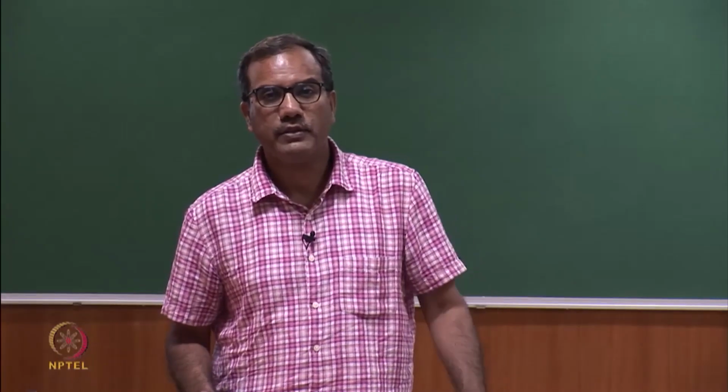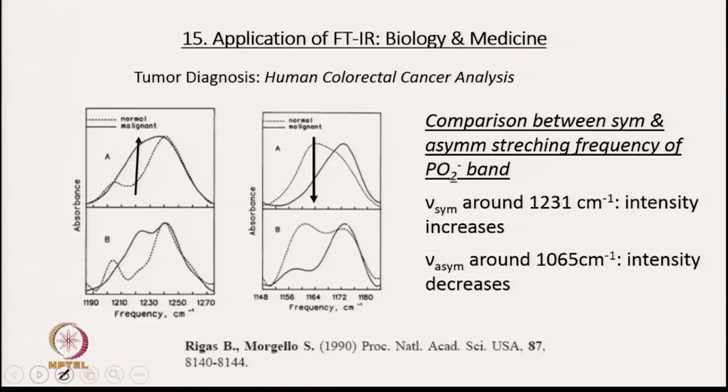FTIR is quite often used in biology and medicine. So, here is an example of diagnosis using FTIR. For example, in tumor diagnosis, suppose you are doing human colorectal cancer analysis, you can see this is the spectrum of a normal patient and a person with malignant tissue.